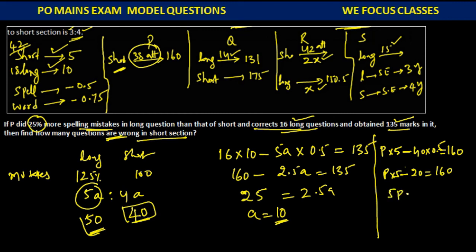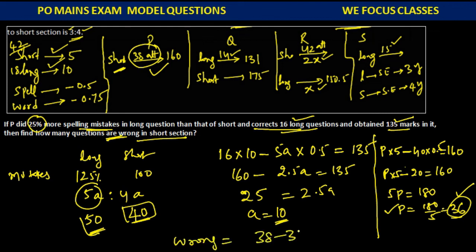So 5P is equal to 180. From this we get P is equal to 180 divided by 5, which is 36. Now you know correct questions are 36 and attempts are 38. So the wrong ones are 38 minus 36, which is equal to 2.